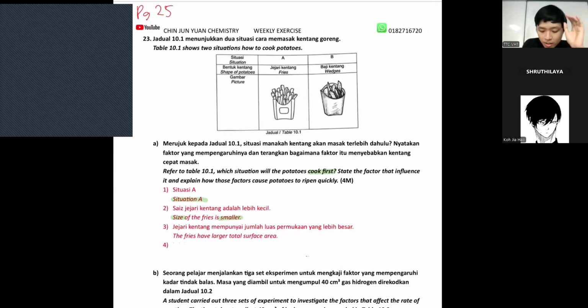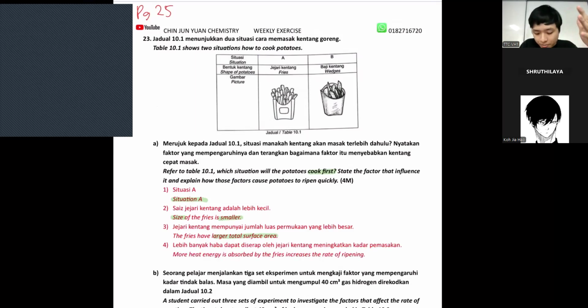Choose the situation. Size, total surface area larger, then rate of ripening is higher because more heat energy is absorbed by the fries. That's why it will increase the rate of ripening.